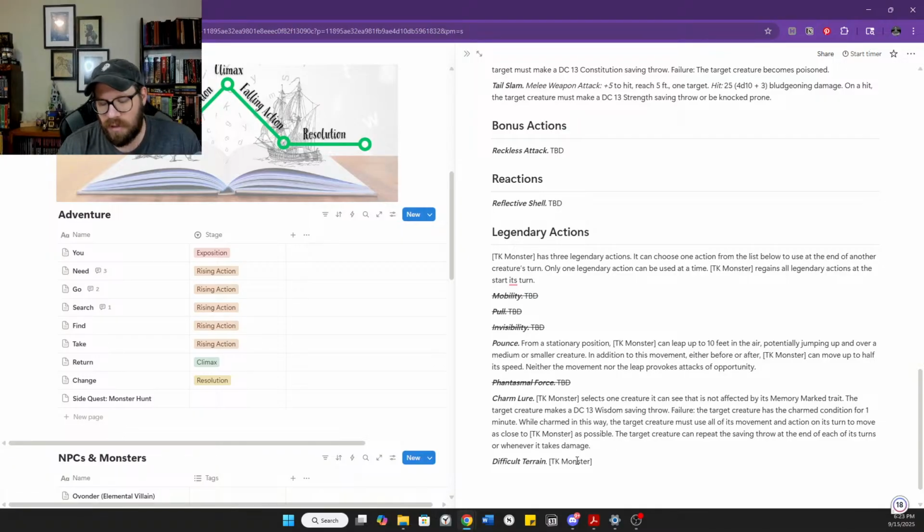So we could say TK monster tears up the earth around it, creating difficult terrain while standing on dirt, mud, sand, or similarly loose terrain.